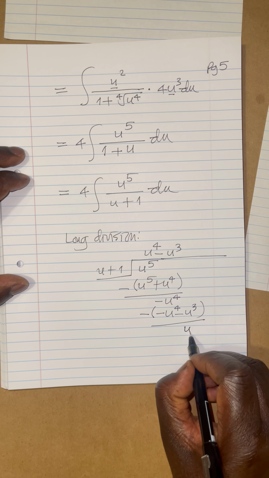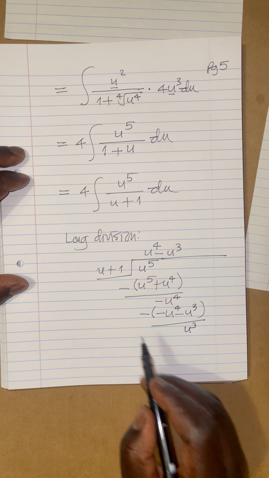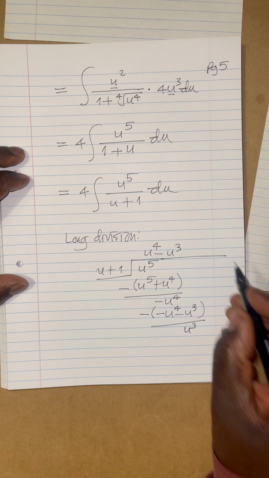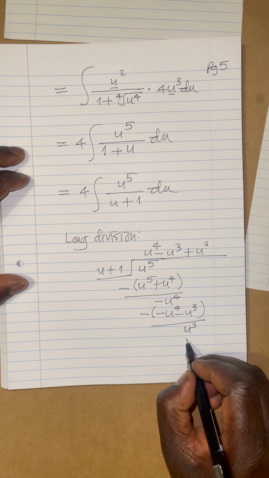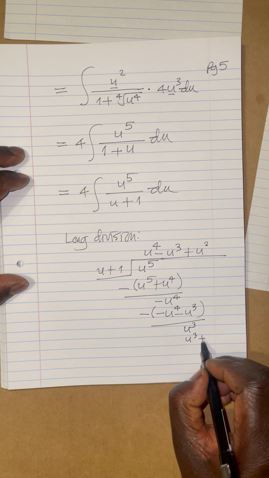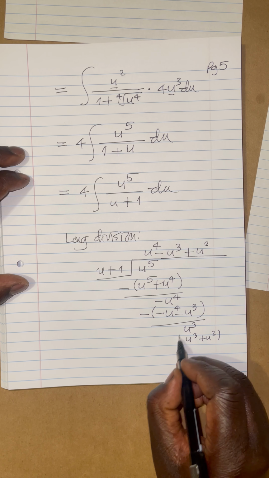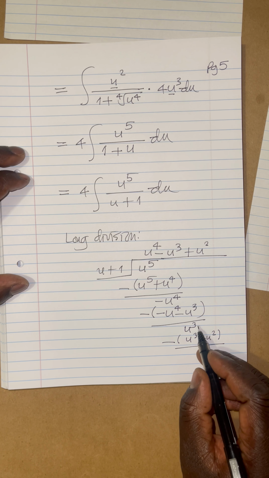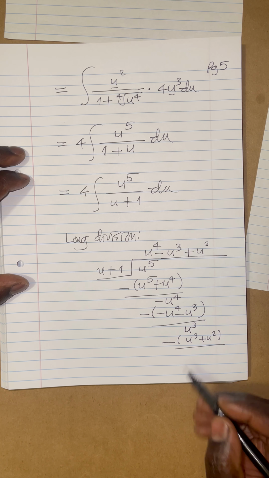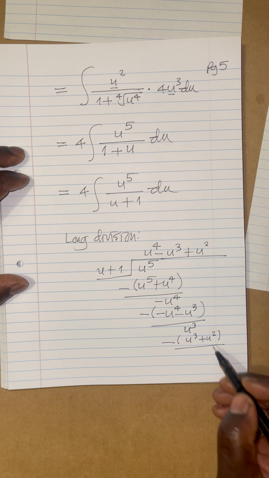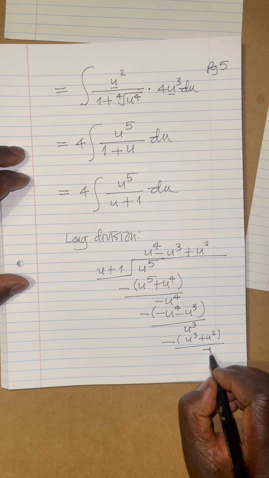This becomes positive u power 3 now. And then I'm going to repeat the process. So u into that is positive u squared. Multiply the whole expression: I'm going to have u cubed plus u squared, like so. I subtract again. These cancel, and I'm having the positive one there. And now here, these two cancel, and I'm going to have minus u squared.